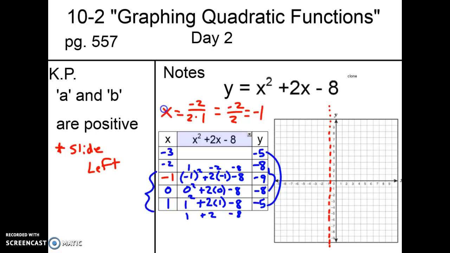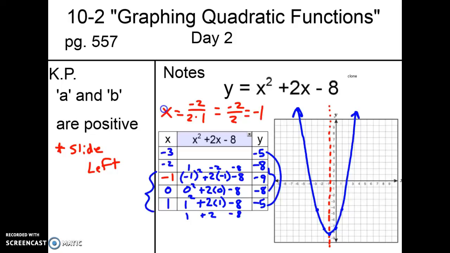-3, -5, right there. -2, -8, and we have -1, -9. Sure enough, that vertex is on our axis of symmetry. And we have 0, -8, and 1, -5. And then we can come up and draw our parabola like that. So obviously it shifts left.